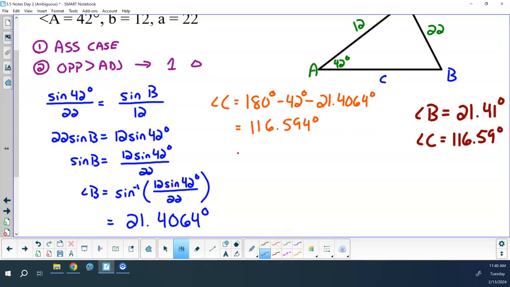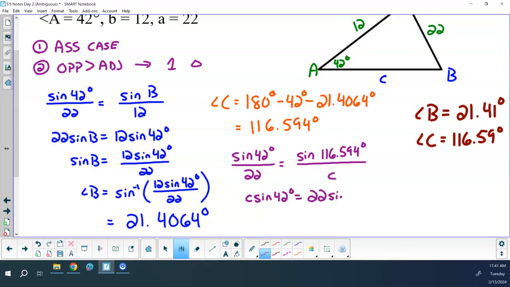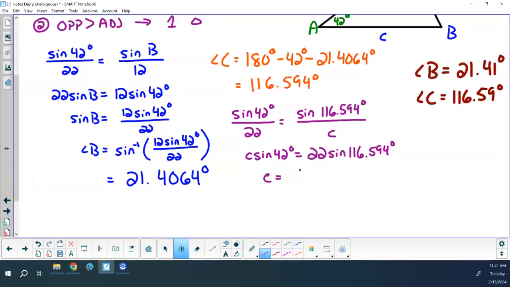and then lastly, now we can use on your calculators, you should have an A and S key.